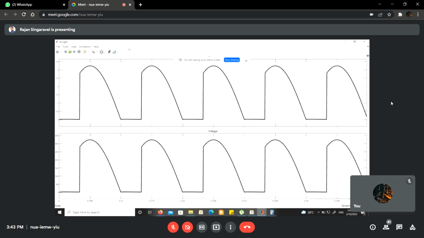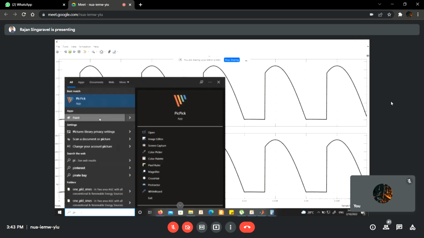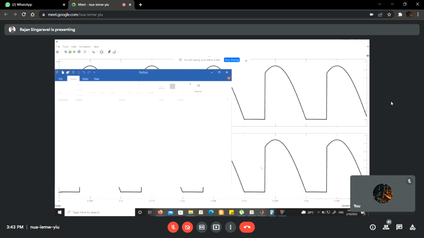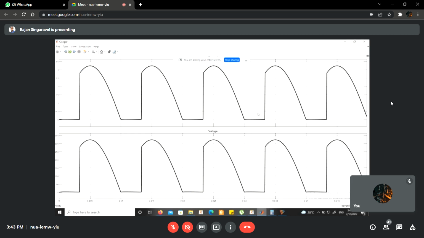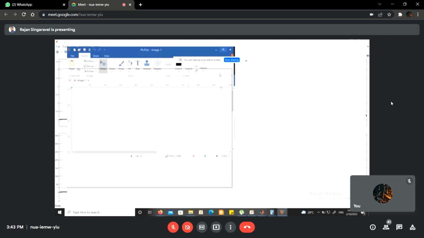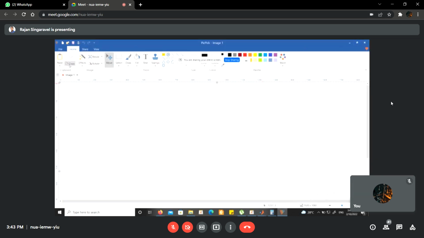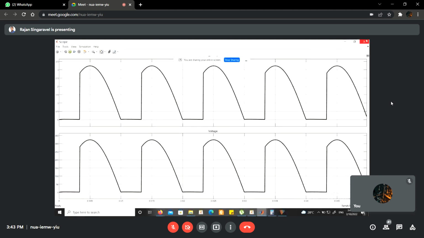So let me save this diagram for your reference. I'm just saving this waveform for the next explanation.